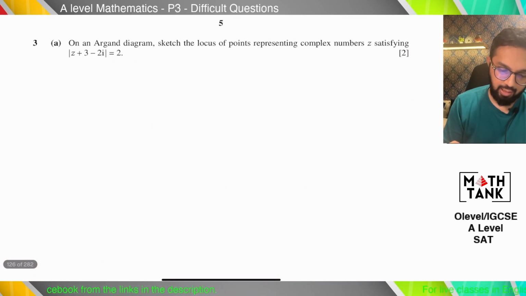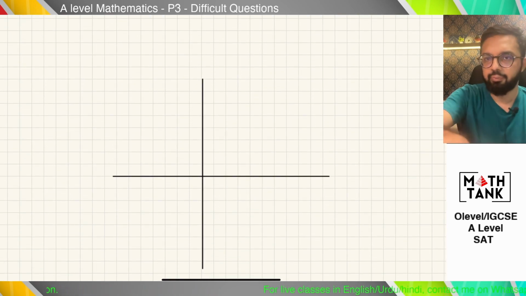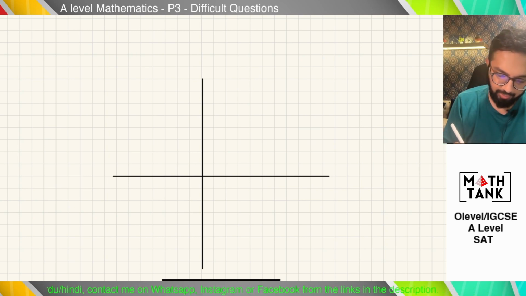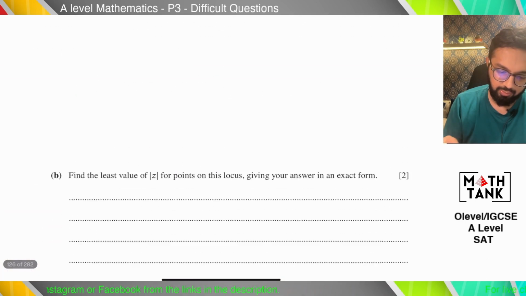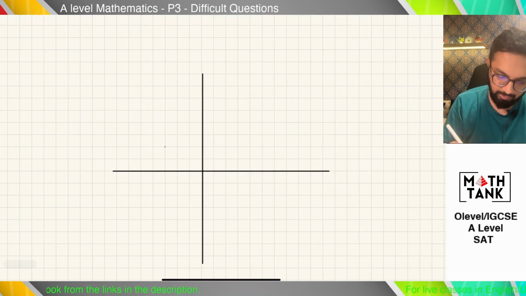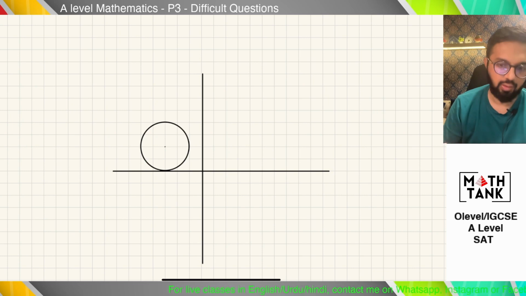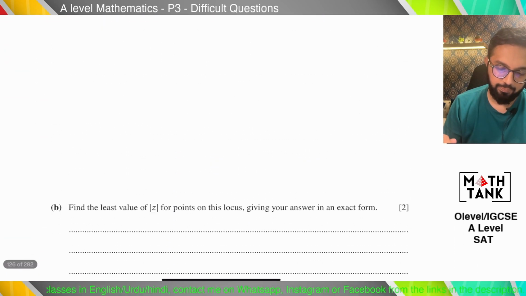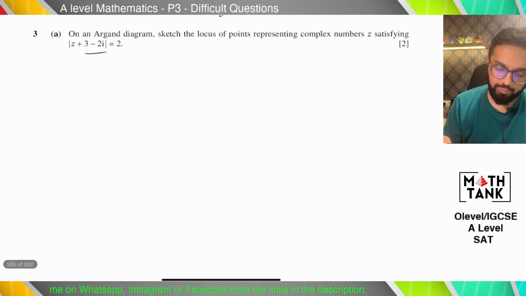I have the center at minus 3 plus 2i. Equals to 2. So that's the diagram.